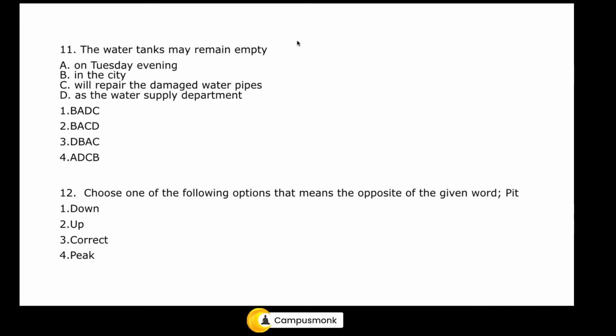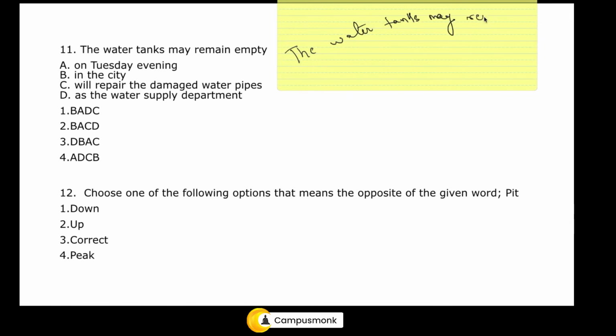Alright, so now the statement says the water tanks may remain empty. The moment you say this statement to your mom, she'll first ask you when. Okay? When is it going to remain empty?